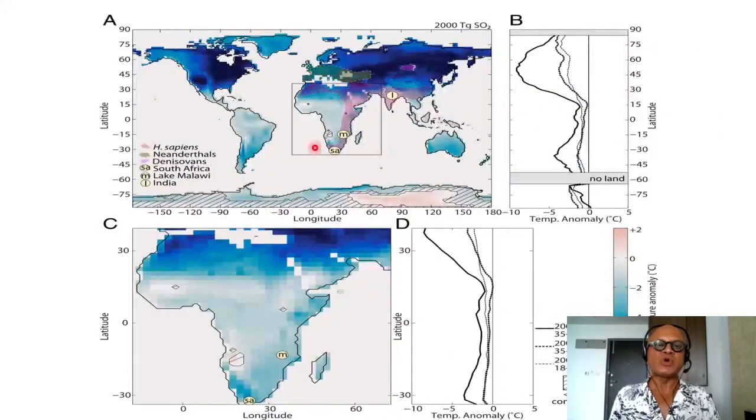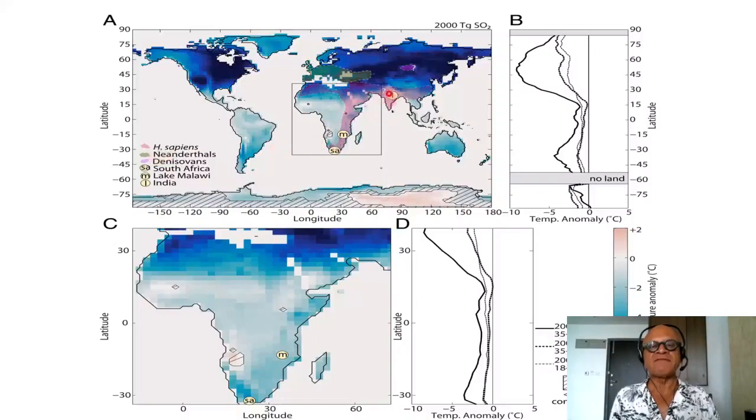This is a map showing the global distribution of temperature changes in a latitudinal sense for 200 teragrams of SO2, and then focusing in on Africa here. So the distribution of various hominin species is shown. Homo sapiens were all over.